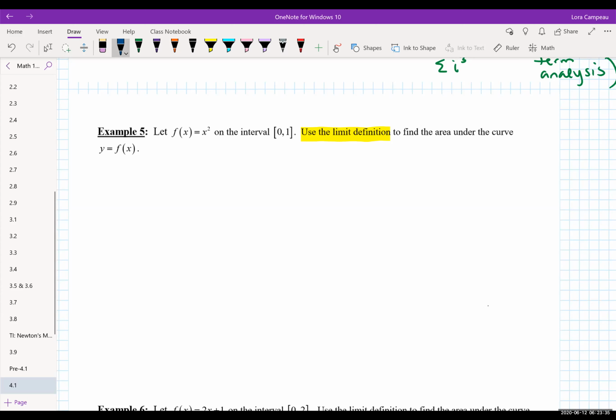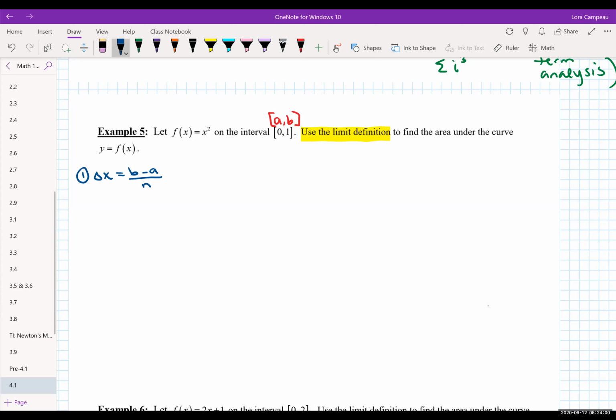First things first, I want to calculate delta x. Remember my formula: subtract the endpoints, right minus left, over n. They gave us the interval, so technically we know what a and b are.